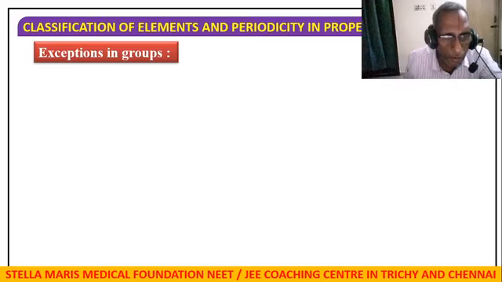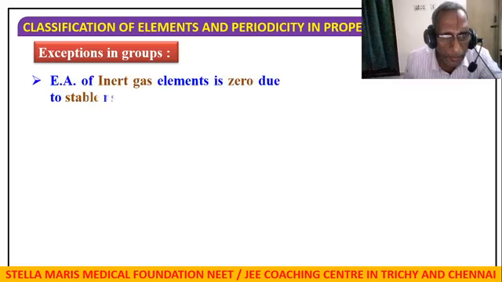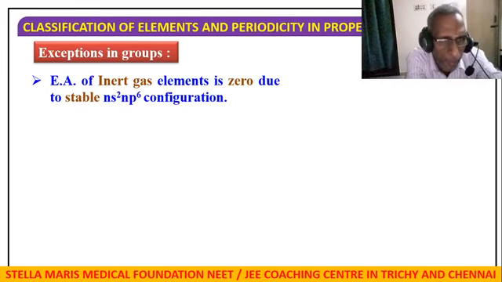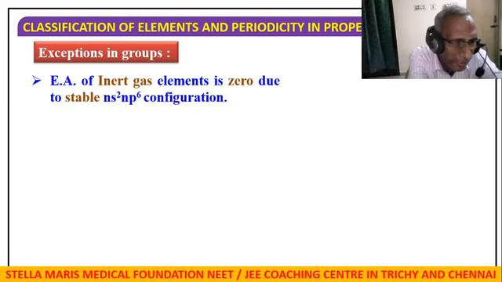We have some rules and exceptions in groups. In all cases, whether it is ionization potential or electron gain enthalpy, inert gases will not be considered. The electron gain enthalpy of inert gas elements is 0, because they will not release energy on accepting an electron.